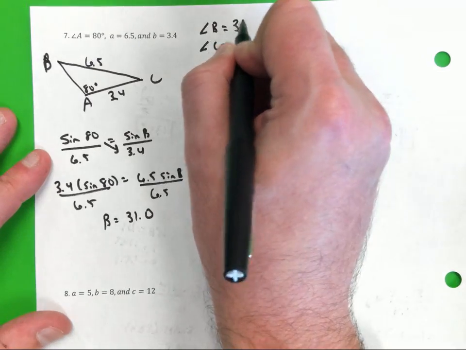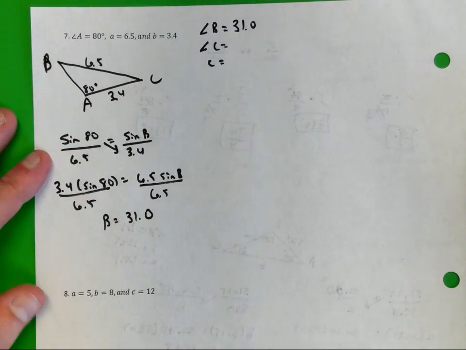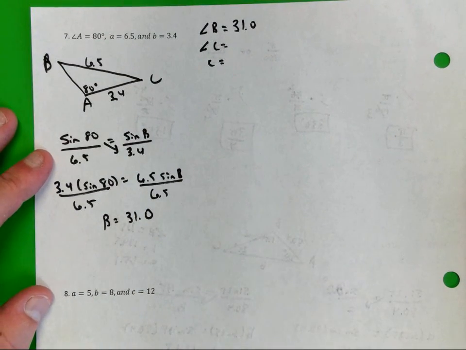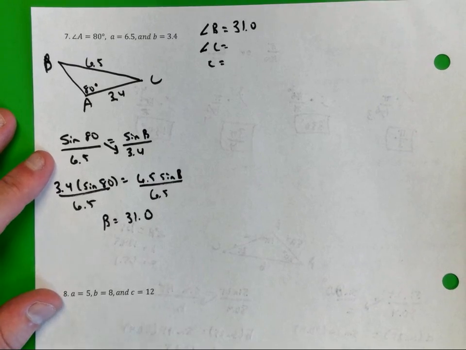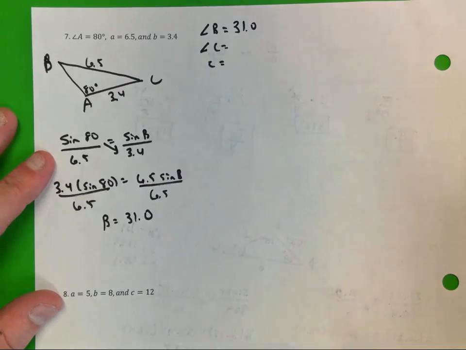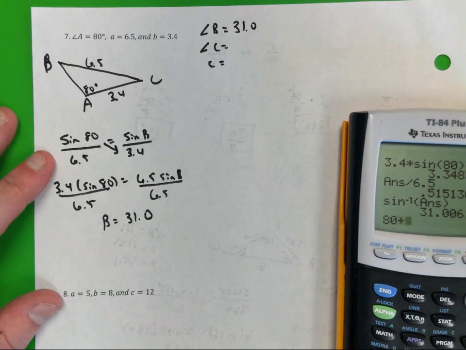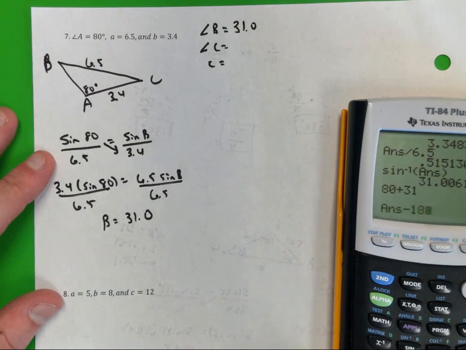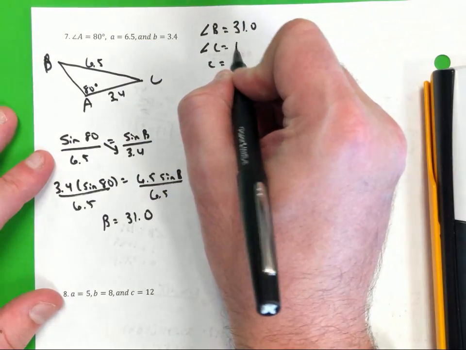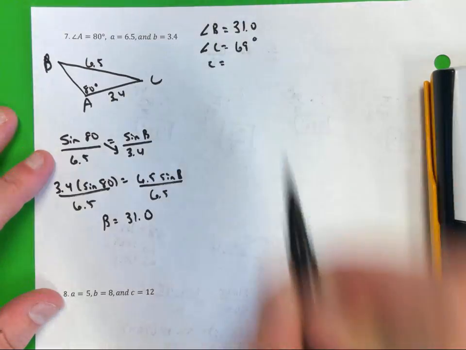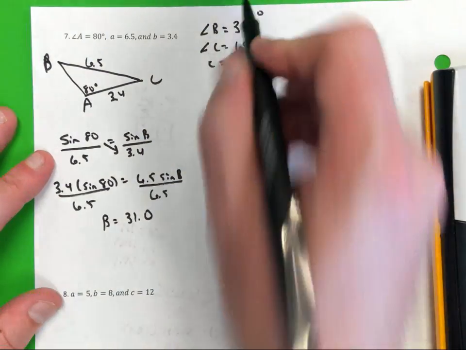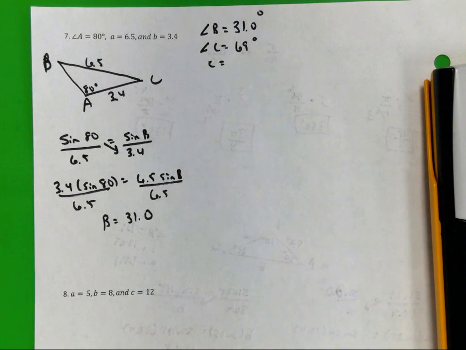It's very important to put the point 0. Now that I know angle A and angle B, I can find angle C by adding them up and subtracting from 180. Angle C will be 69 degrees. It came out to straight up 69, so you just put 69.